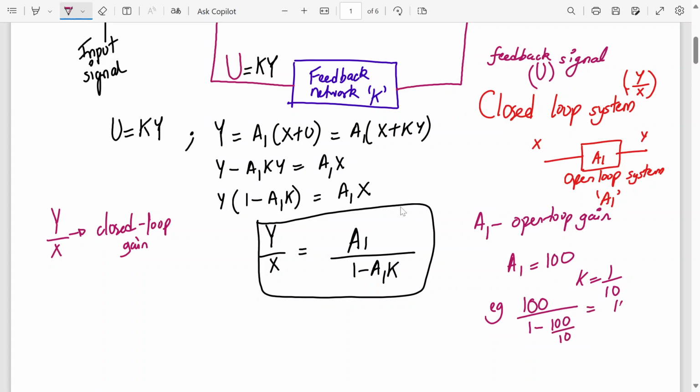Taking the magnitude, it will come out a bit lower. Let's say 1000, so 100 into 1 by 10 is... let's say 1000. So how much is this? 1 minus 0.1, right? Yes or no? So 100 divided by what will this be? 0.9. So is this greater than 100 or less than 100? Greater, no? How much is it, tell me? Can anyone tell me on a calculator what is Y by X? This is Y by X. How much is 100 divided by 0.9?